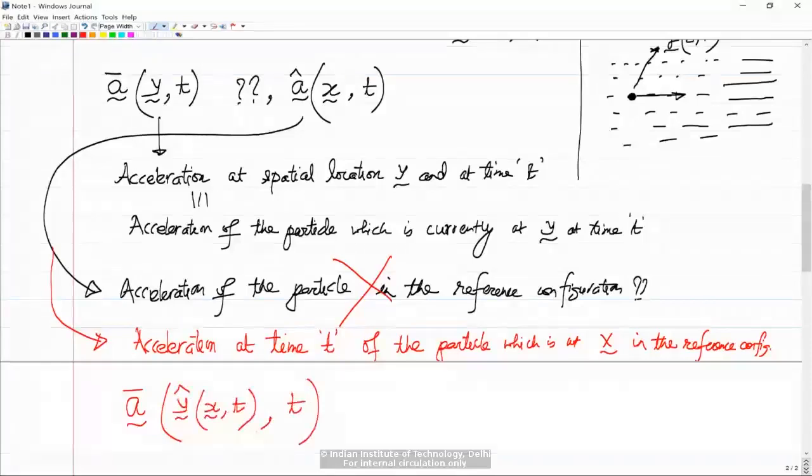So this a is this itself, because when I say acceleration at the spatial location y, this first argument tells you which particle. So you can then relate it to a hat of x comma t. This is how you can relate the two functions.